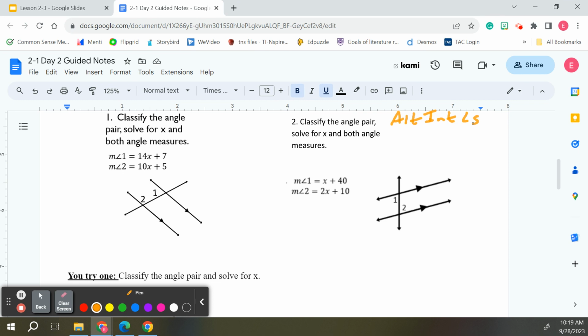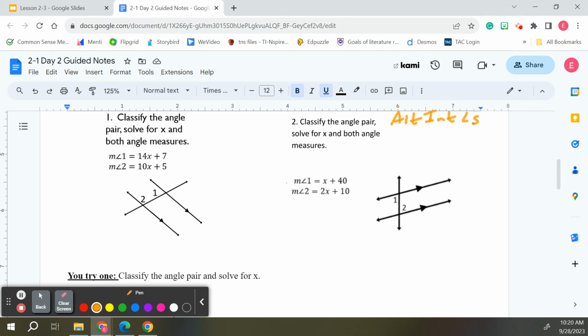Who remembers? It's right at the top on that little chart. They're congruent. Very good.